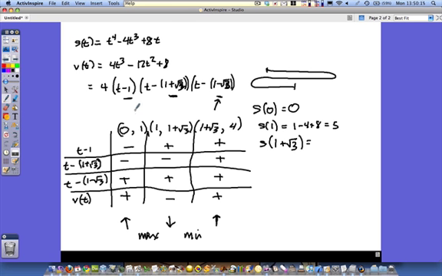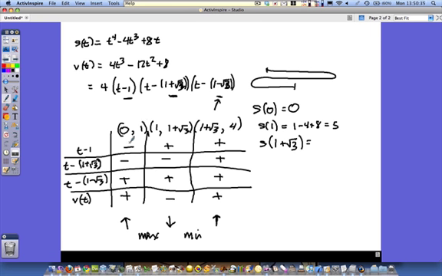My domain is only from 0 to 4, so this 1 minus square root of 3 is negative, so I don't really care about that root. I want to divide the 0 to 4 domain up by the other zeros that I found as critical values, so at 1 and 1 plus square root of 3.